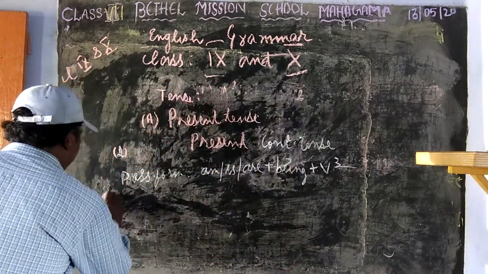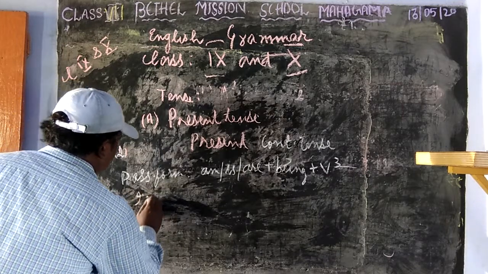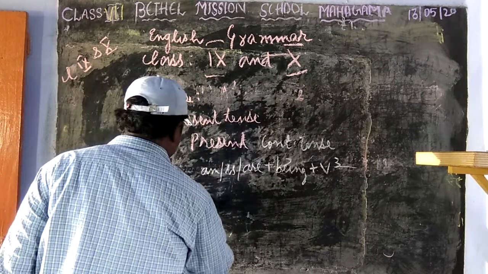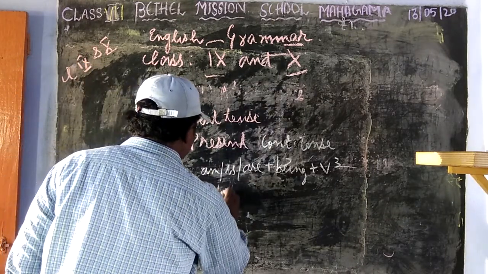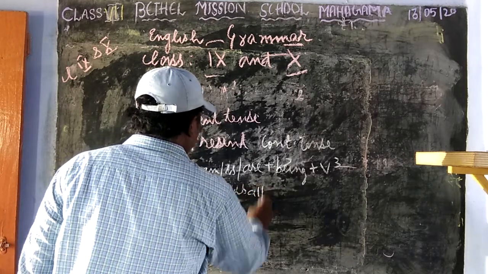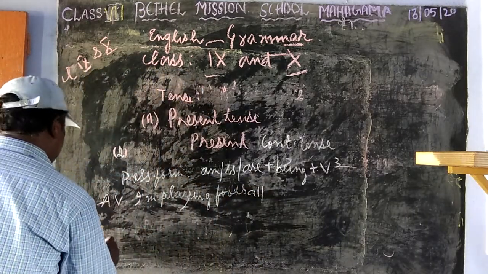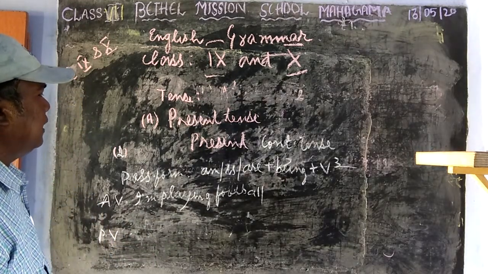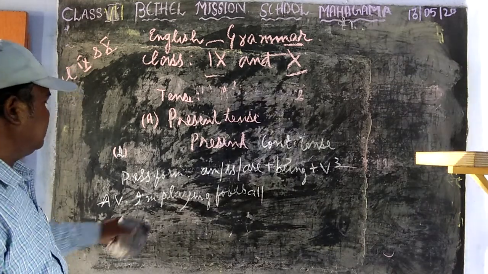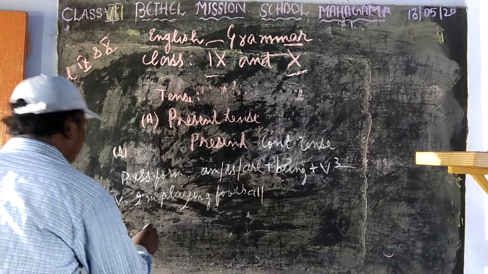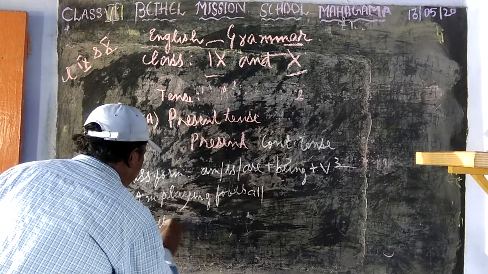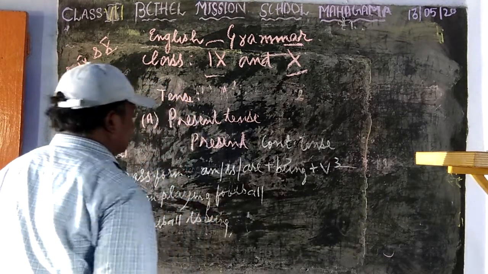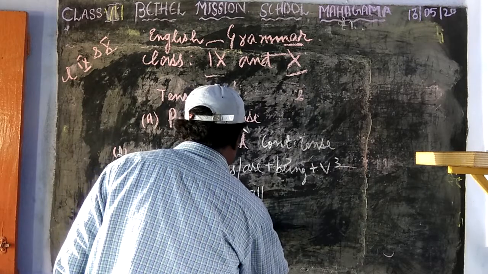I am playing football, active voice. In passive voice, it changes to football is being played by me. Football is being played by me. That is it. Passive voice. Football is being played.